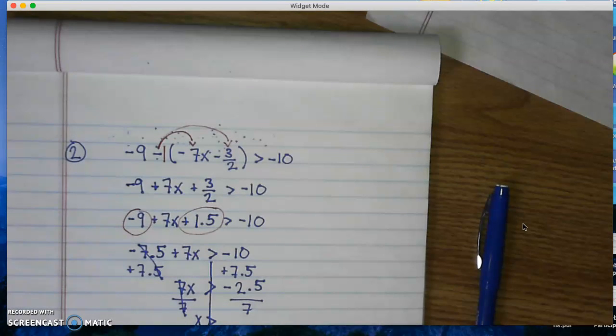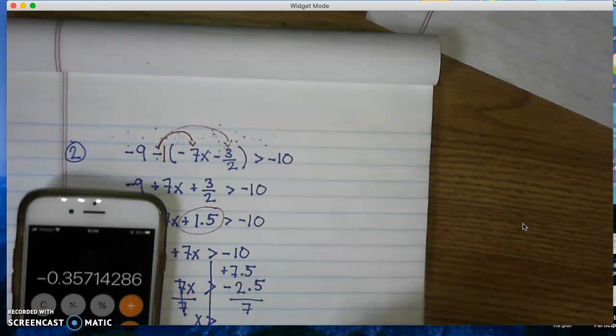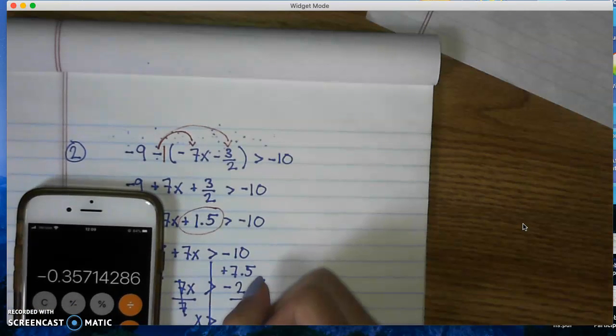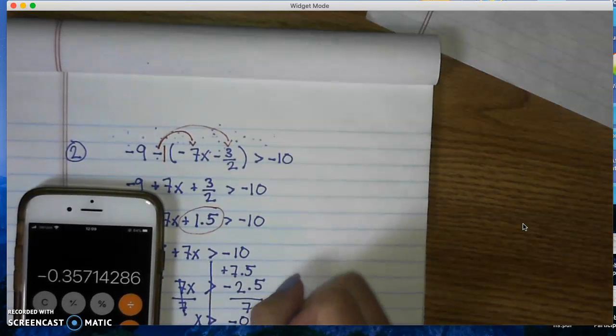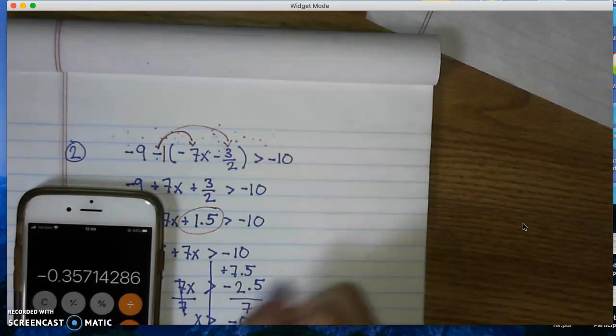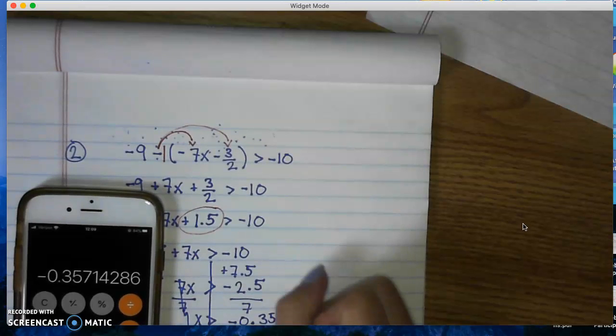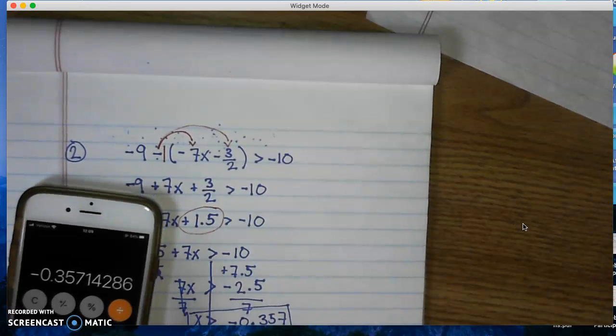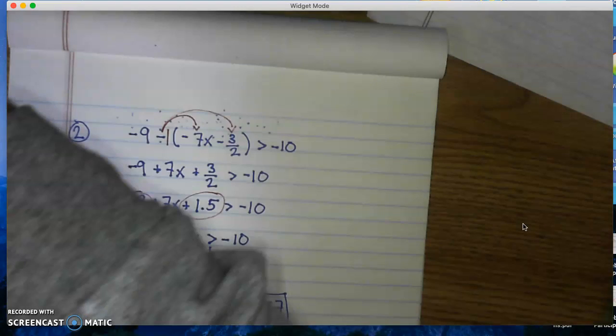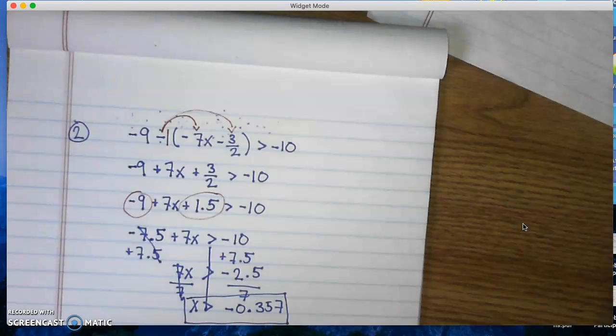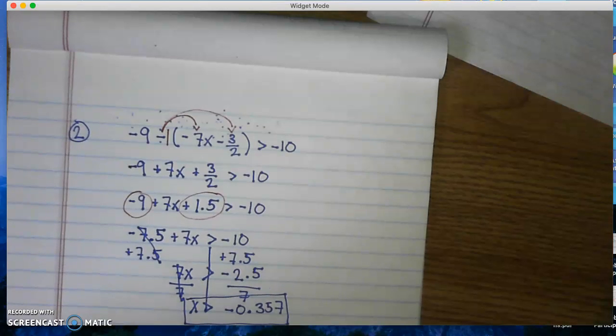Let's do it. -2.5 divided by 7. I got this number, -0.357, which is obviously not a fraction, so that's challenging.